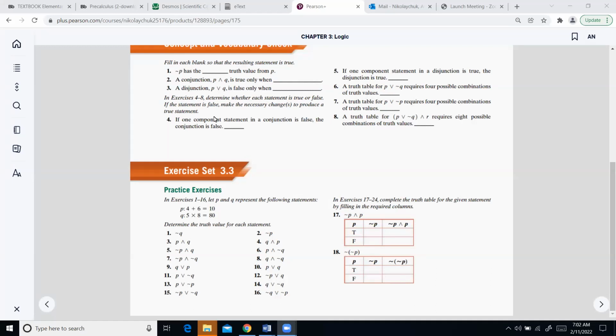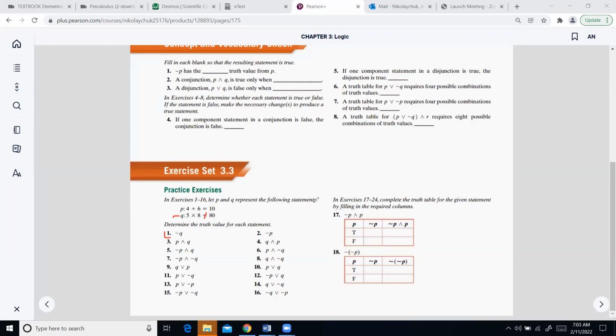And I will do exercise number 1 right now, that talks about producing not Q. If you get a not Q like that, it means it's not equal. So not Q means not equal.